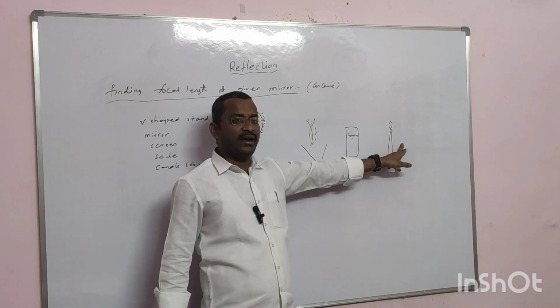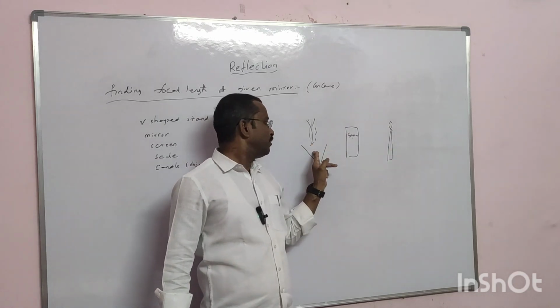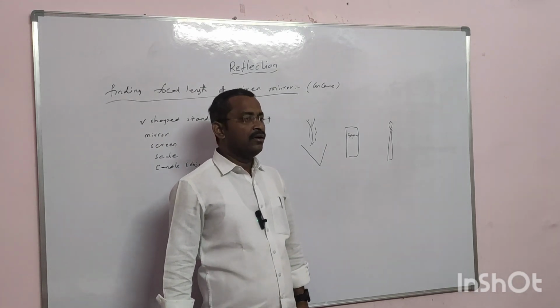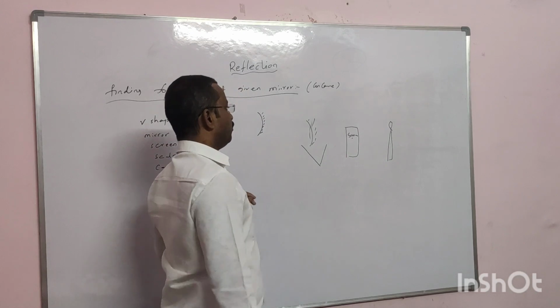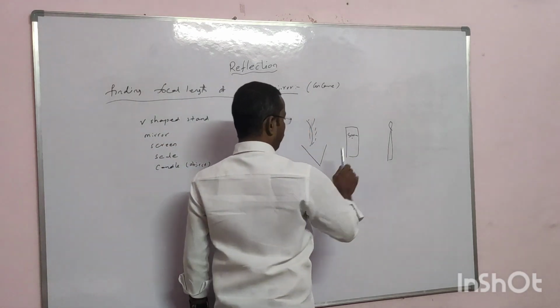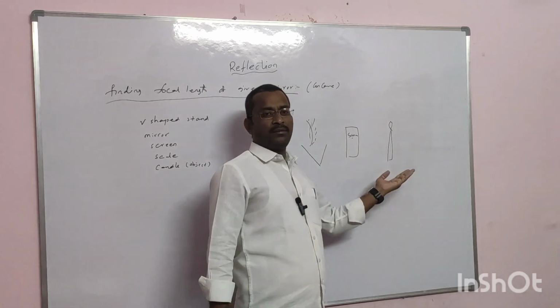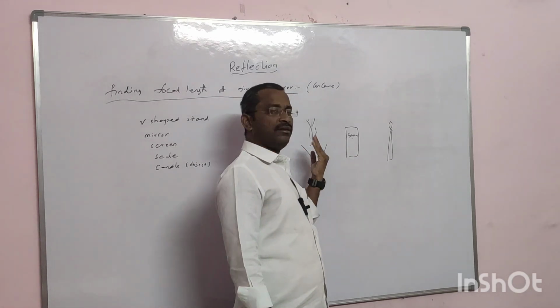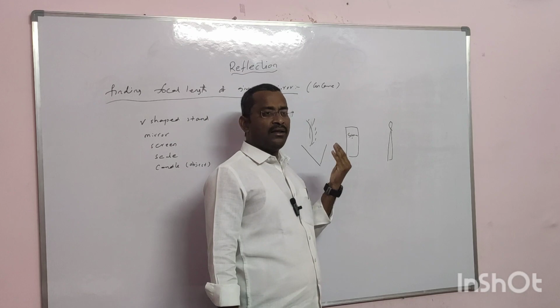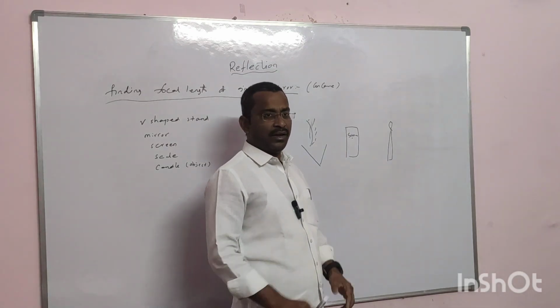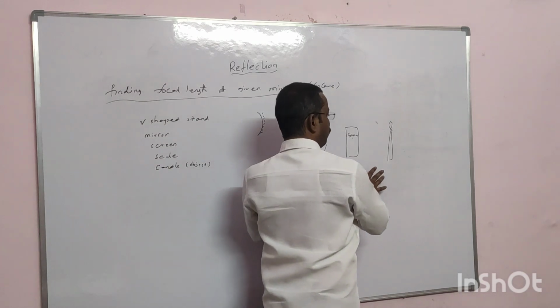In between the candle and the mirror you need to place the screen. And remember, first try to find out the distance, otherwise you can do one thing. Adjust the screen, moving towards the candle or towards the mirror, until you get a clear image on the screen. Is that clear, everyone? It is not compulsory how much distance we take, sir.